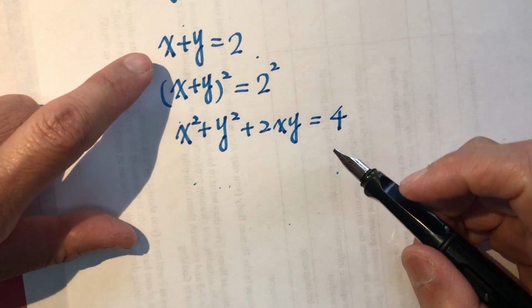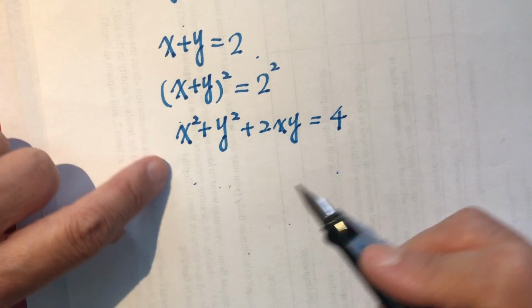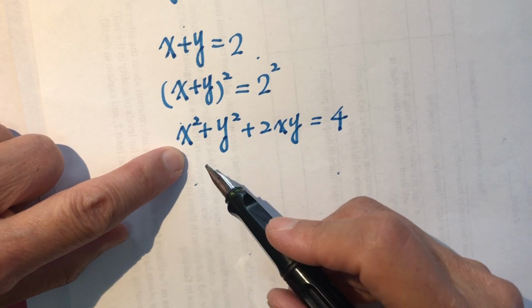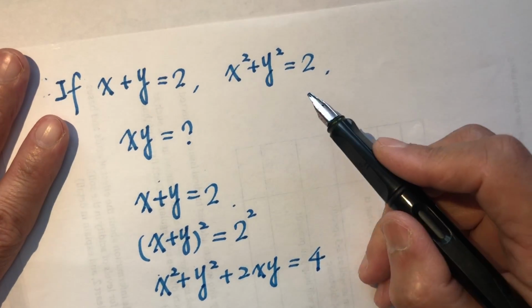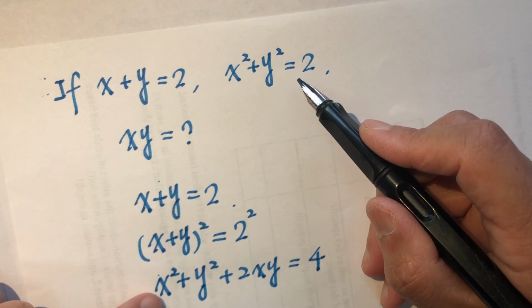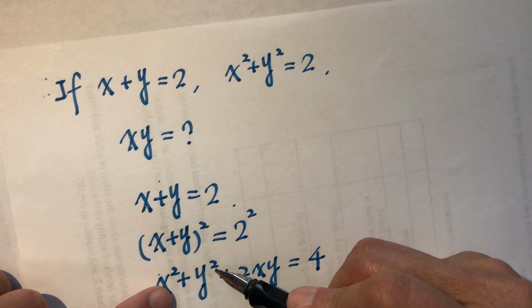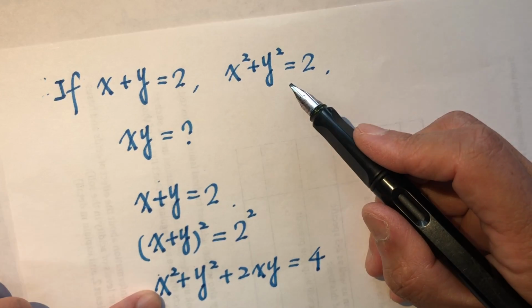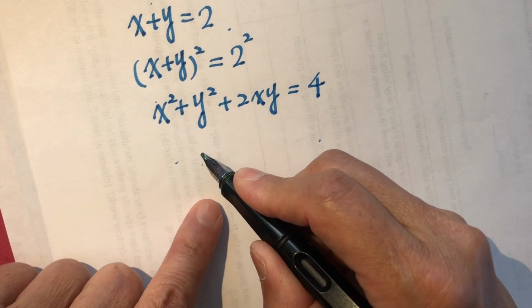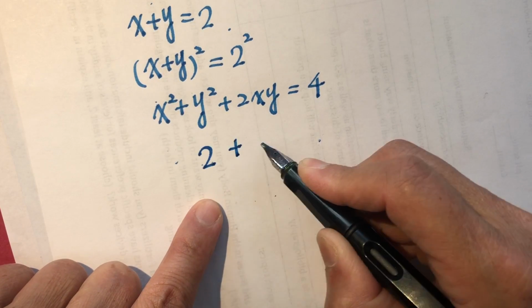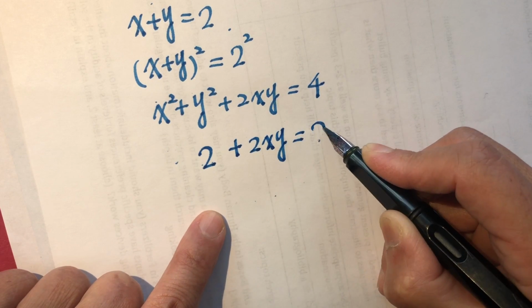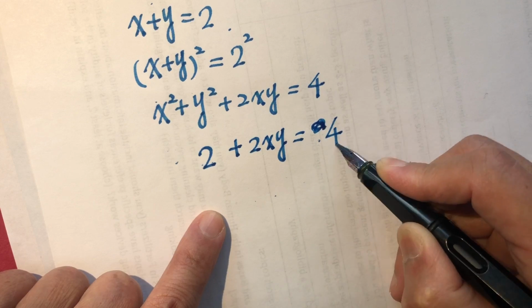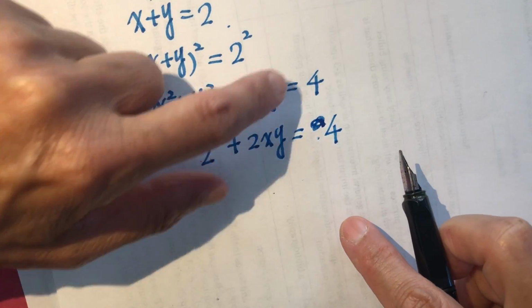So step by step we figure out this. And another thing which is given is x squared plus y squared equals 2. So we can replace this x squared plus y squared with 2. So 2 plus 2xy equals 4.